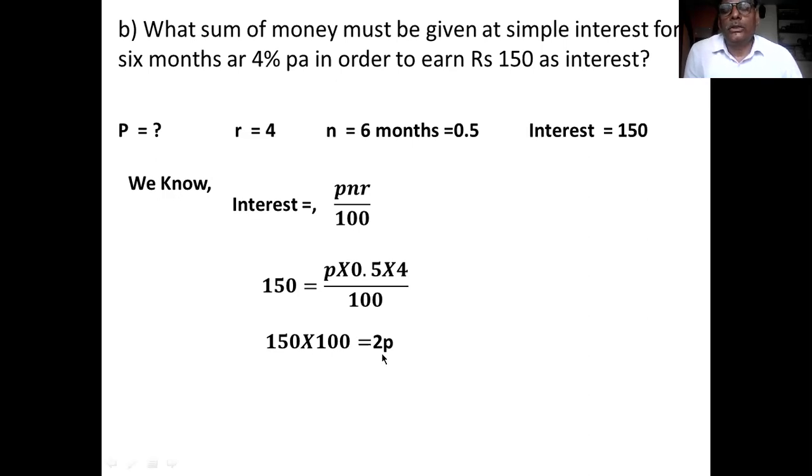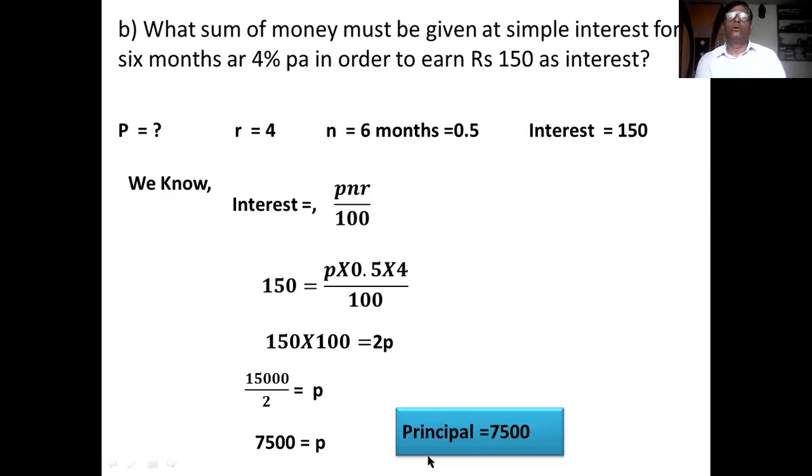Then you take this 2 to the left hand side. Therefore, 15,000 divided by 2 is equal to P. Then 7,500 is equal to P. Clear? Principal is equal to 7,500.